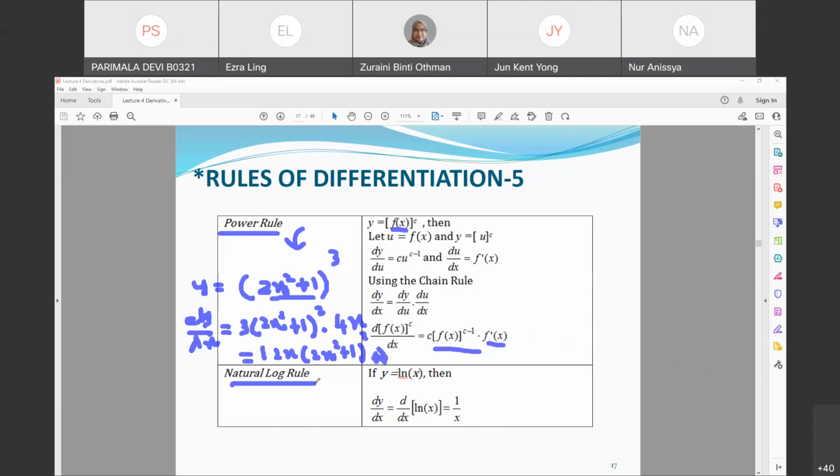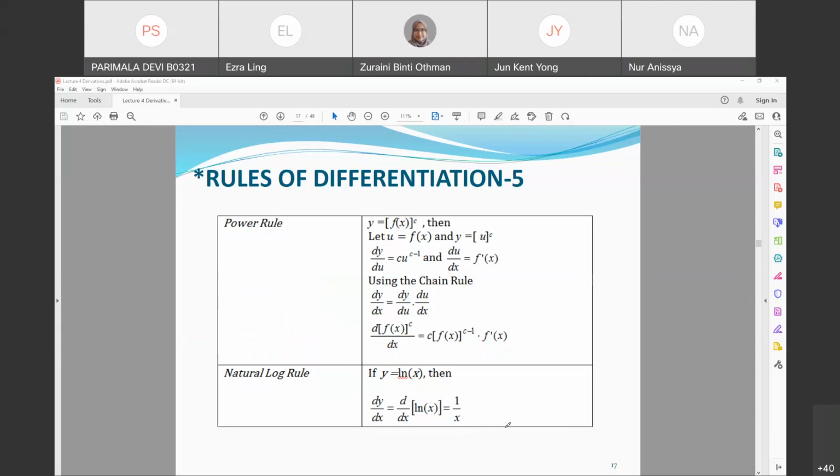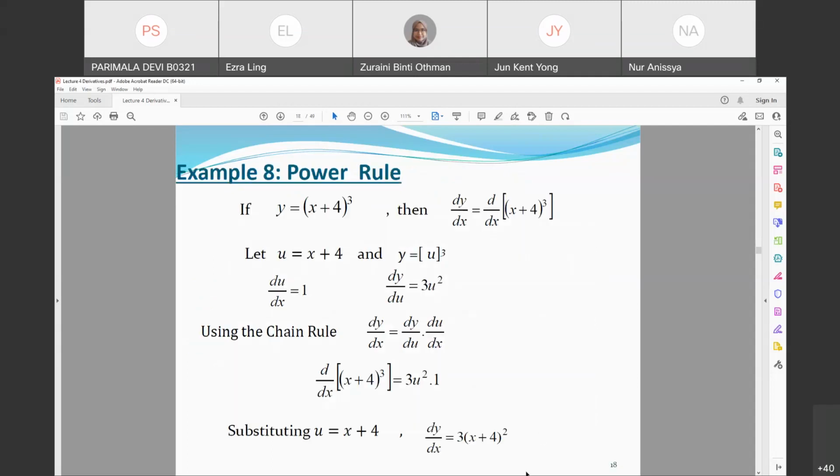And this is the log, natural log rule. And it always, ln x akan sentiasa jadi 1 per x. Okay. Then we look at the example. Okay, this is the power rule, power rule just now. Sebenarnya power rule ni bila kita guna power rule tadi, dia akan jadi apa? 3 letak dekat depan.